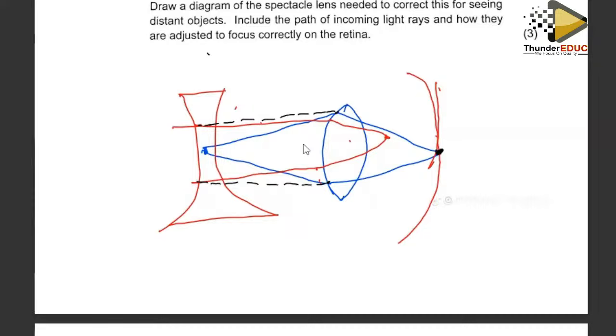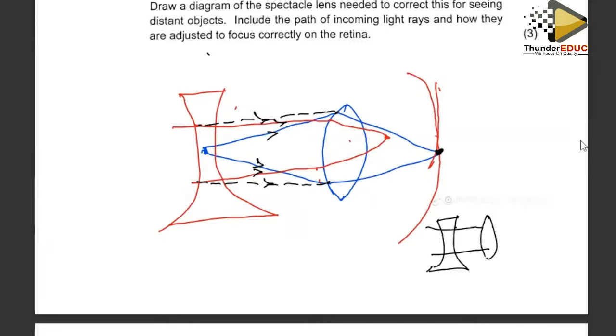So in other words, is this what they are looking for? No, that's not what they are looking for. These are arrows; this arrow shows that it's light rays. Okay, so what are they looking for? They're looking for a diagram like this. This is our lens, this is our retina. So the light rays come and then you put the convex lens here. Yes, concave lens, not convex lens.